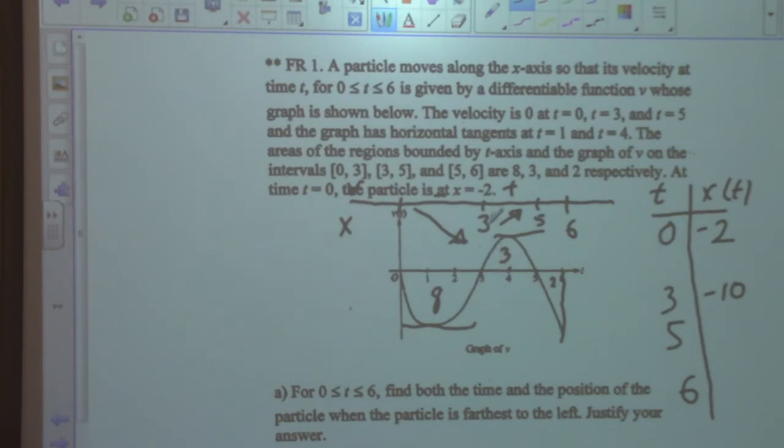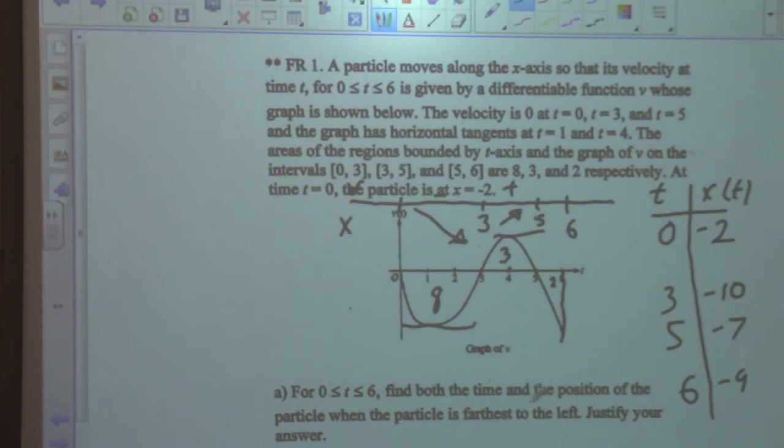Okay, we're going up between 3 and 5. How much do we go up? 3. So what goes here? So negative 7 goes here. And then between 5 and 6, so we have negative 9.